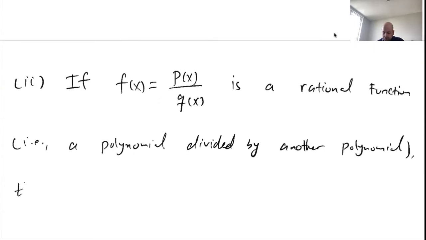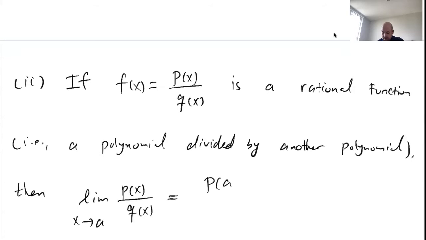Then we can say that the limit of f of x, which means the limit of P of x over Q of x as x approaches a, is equal to P of a over Q of a, if Q of a is not equal to 0.